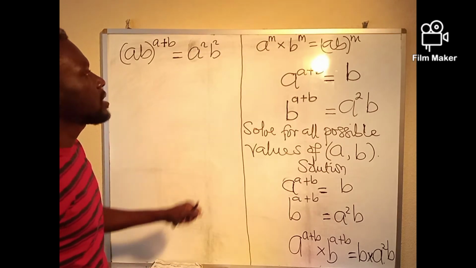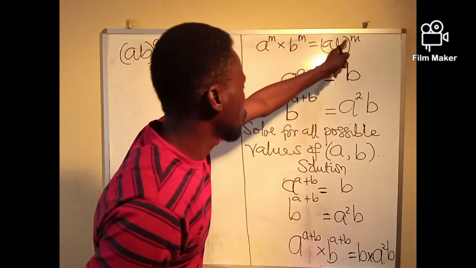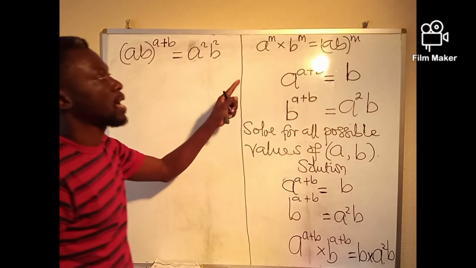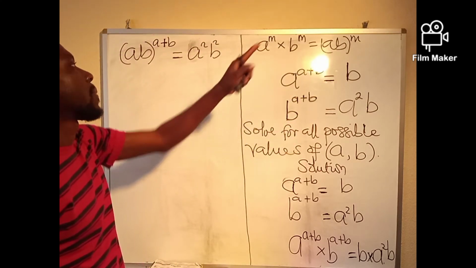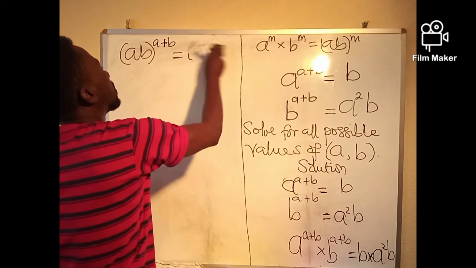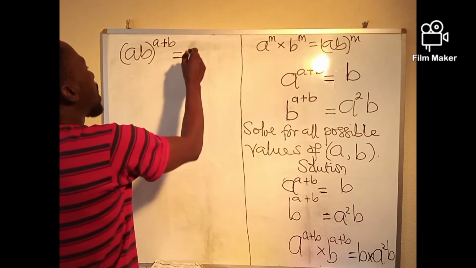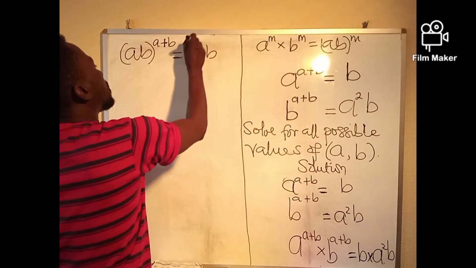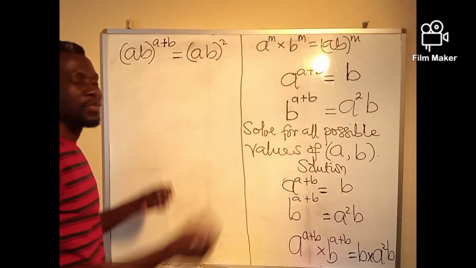Now, you can see that we can still apply this rule, a times b raised to the power m. So we can rewrite a squared b squared as a times b all squared.